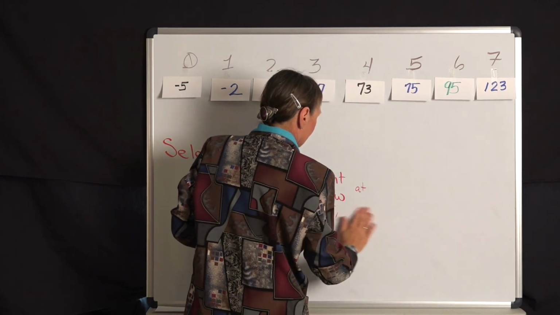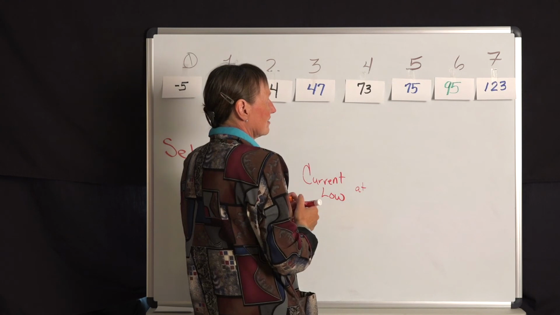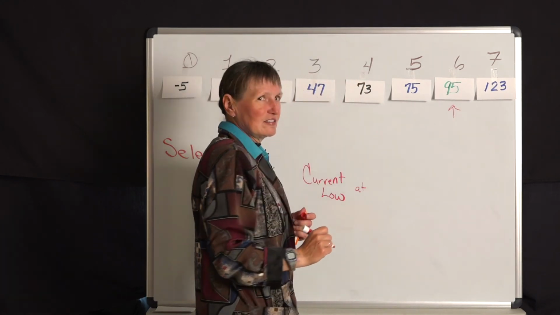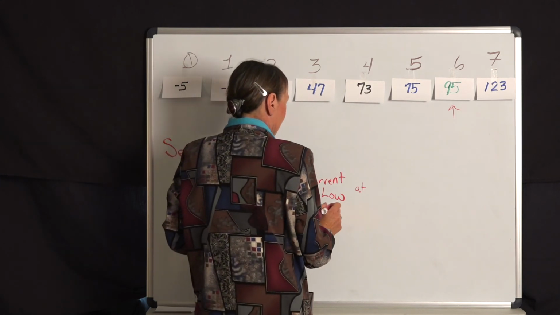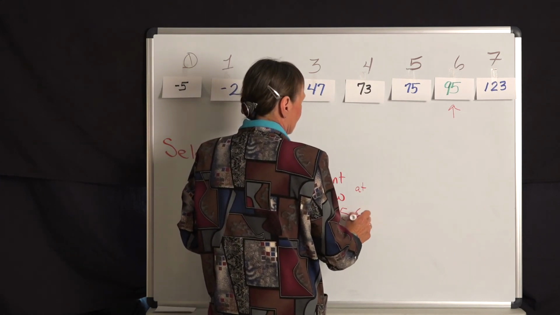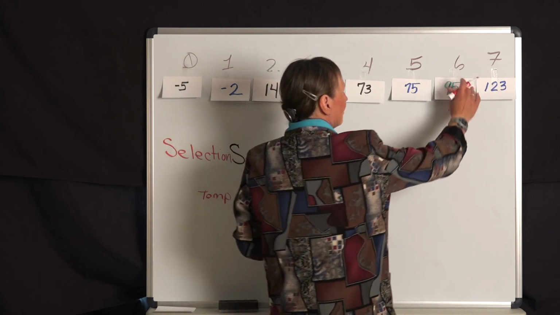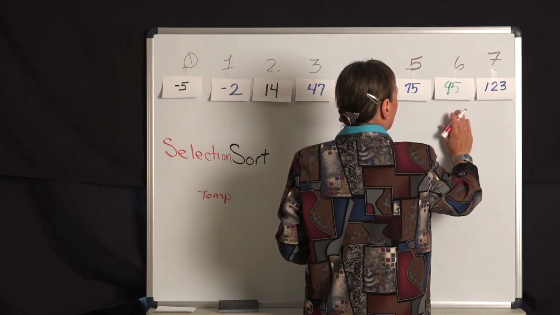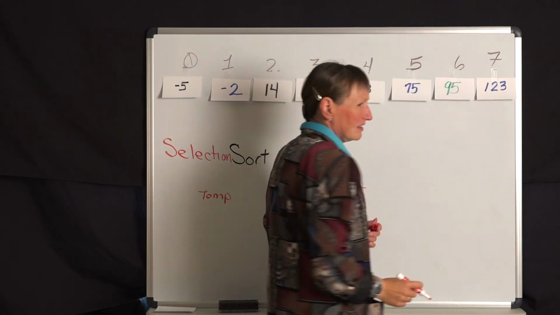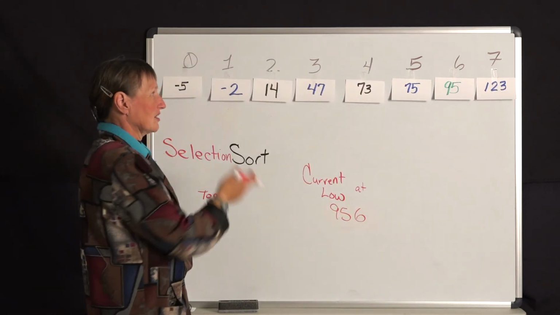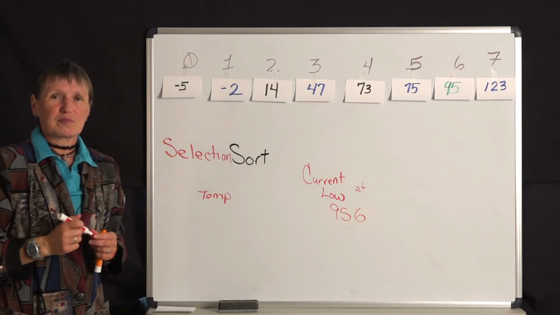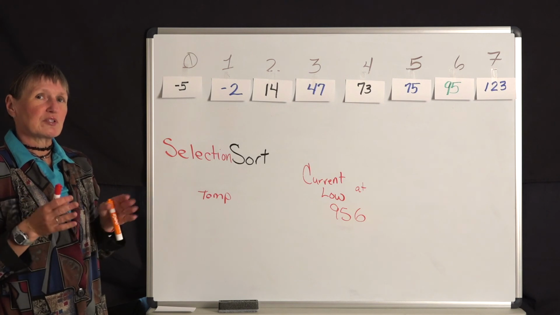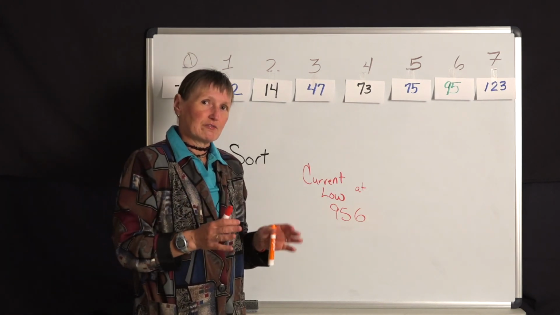Now note, we then start here between these two, and we have 95 at location 6 as our lowest one. We're still good. So no swapping has to happen, and that means it only took the 7 passes to sort the 8. But notice our list kept getting shorter each and every time.